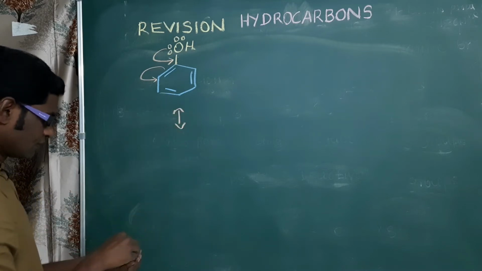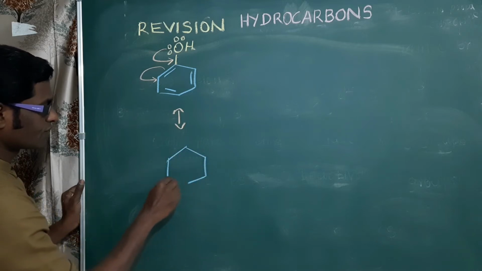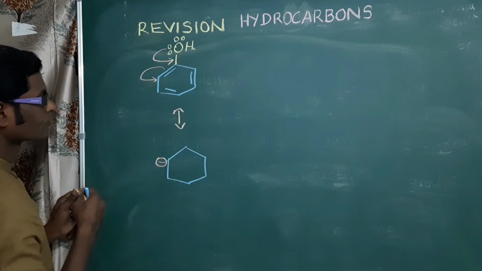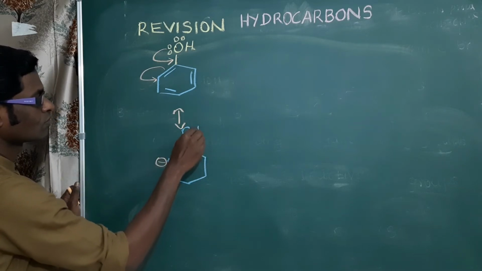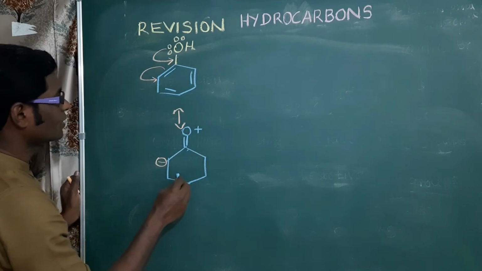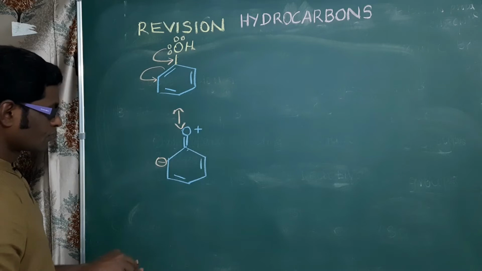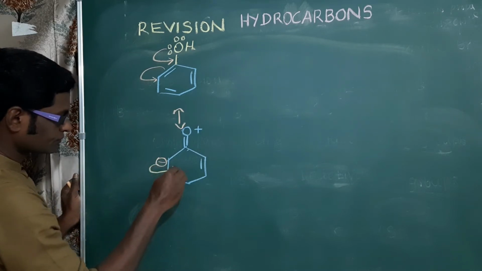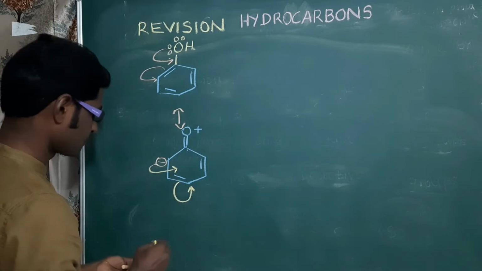So we can write like this. Now electron density increases in the ortho position, to form an oxonium ion. Next, this electron comes and stays on the para position.